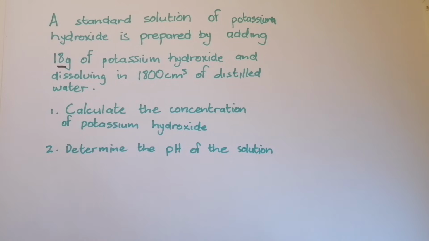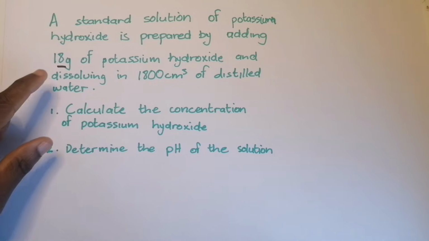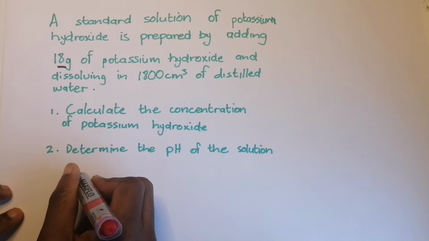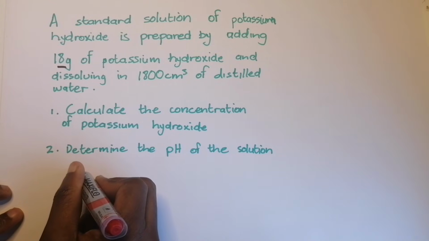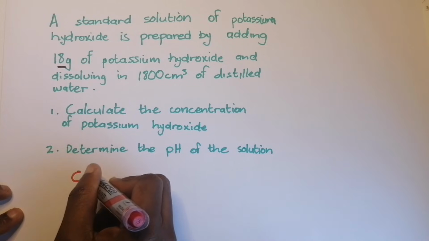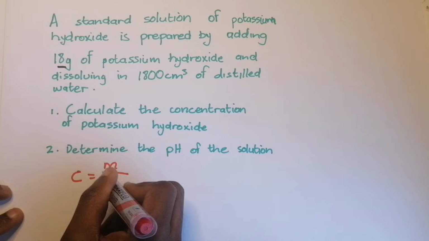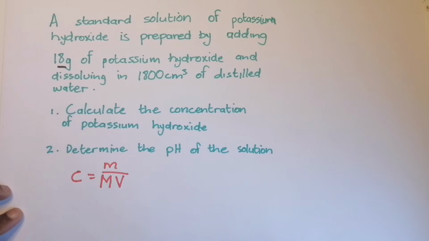First of all, they want us to calculate the concentration of potassium hydroxide. Of course, in this case, this has nothing to do with acids and bases. This would be a normal question for stoichiometry. So how are we going to get that concentration? We know we've got mass, so we're going to use our concentration to mass formula. Concentration is the mass divided by the molar mass multiplied by the volume.